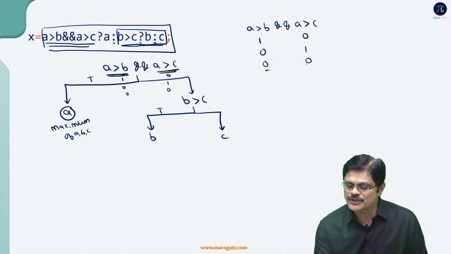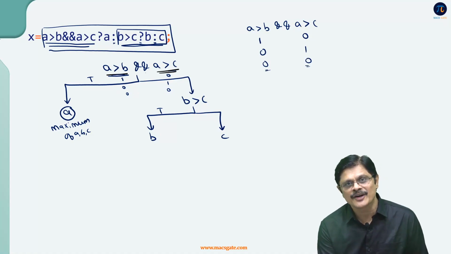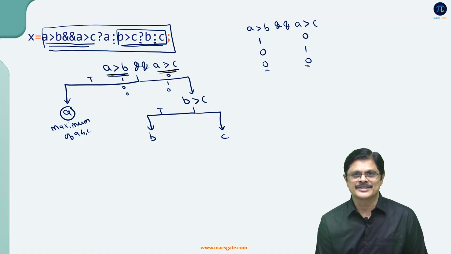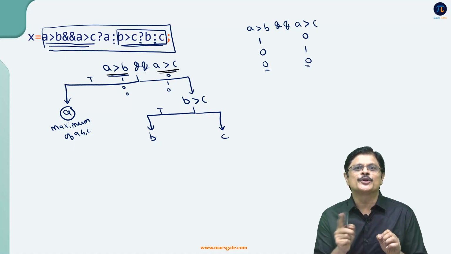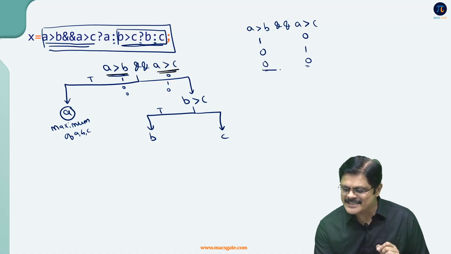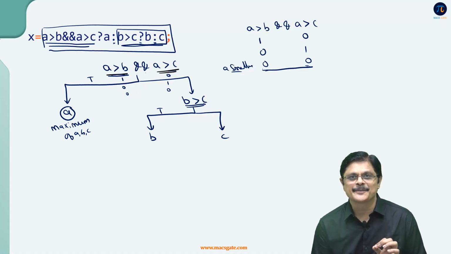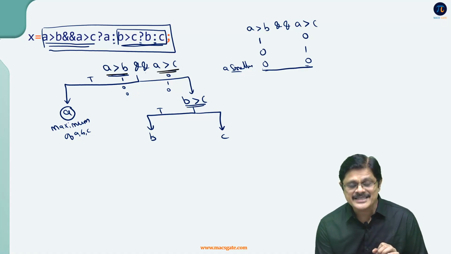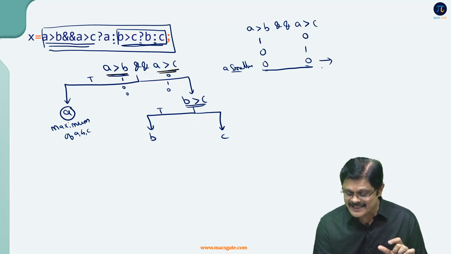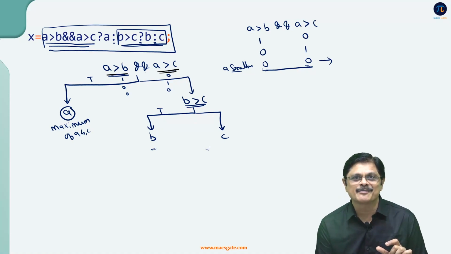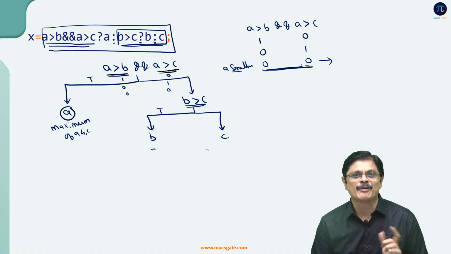Let us consider both 0, that is a greater than b is false and a greater than c is false, that is a is smaller than both b and c. Now you are comparing b with c. If b is larger, b is returned, otherwise c is returned. In this case, we are getting the maximum of the 3 numbers.